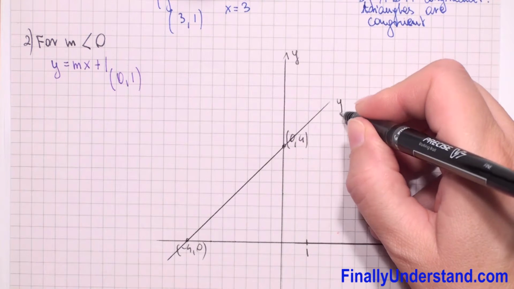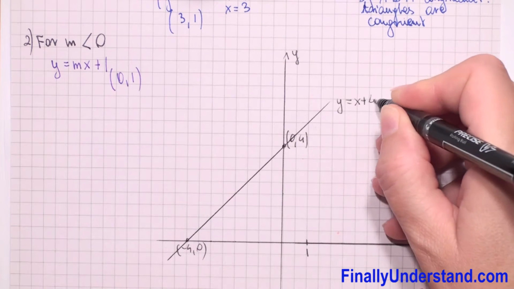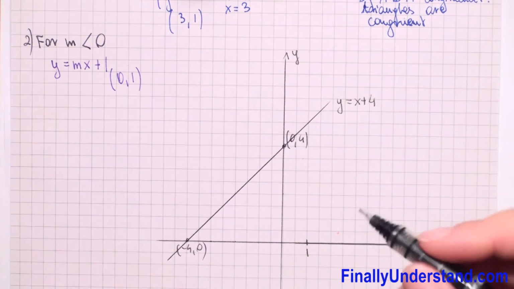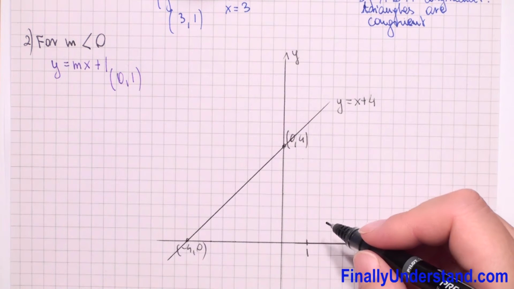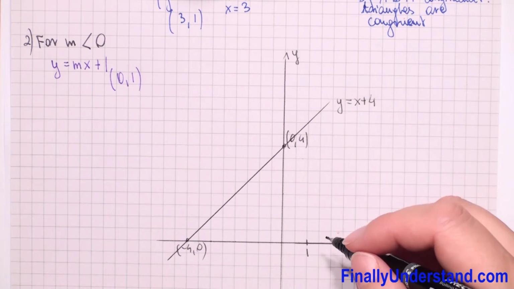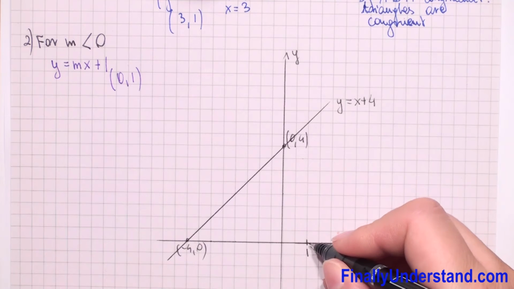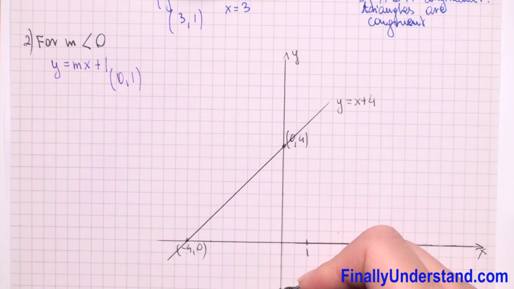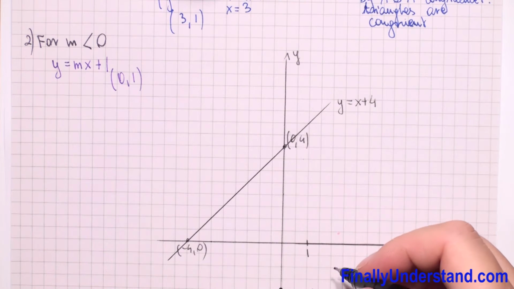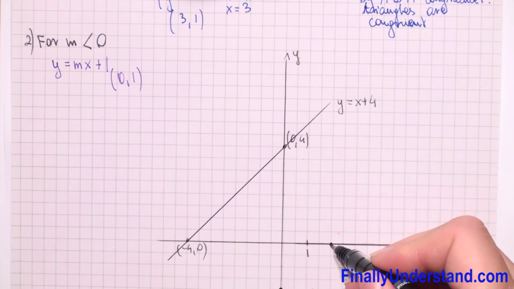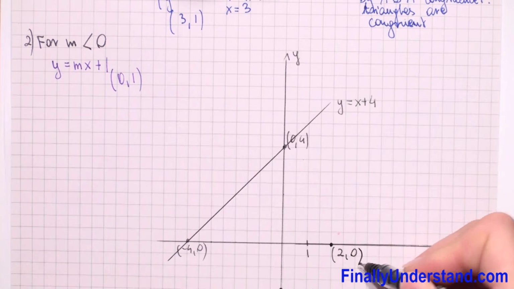This is our y equals x plus 4. Next we have the second line, x minus 2. We have (0, -2) as the first point, and the second point is (2, 0).